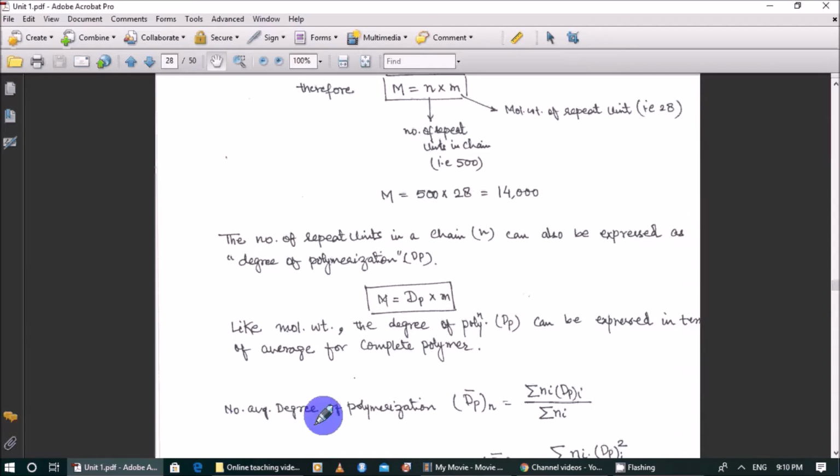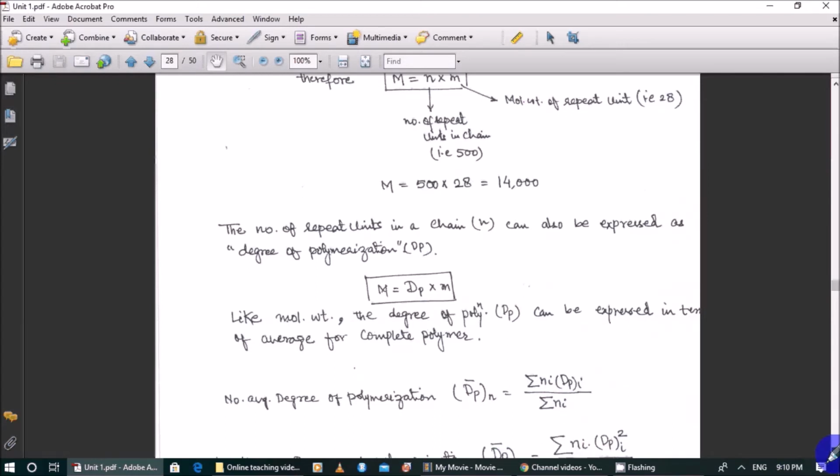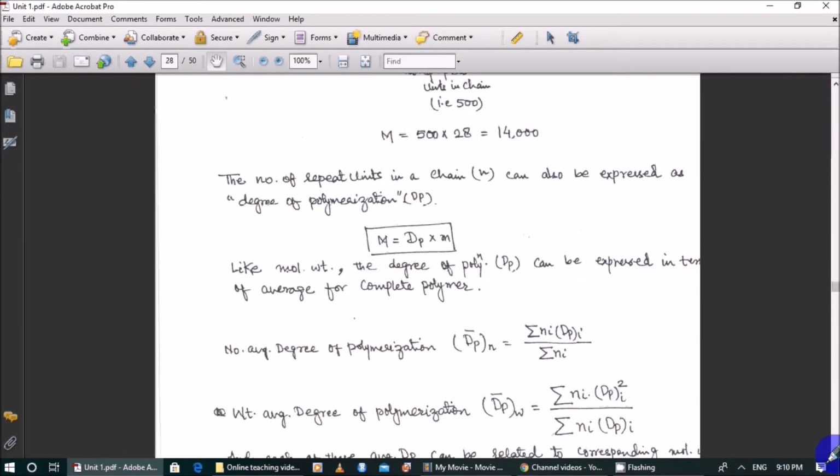It is represented as dP bar subscript n, and this is equal to sigma ni dpi over sigma ni, where sigma ni is the number of all the polymer chains and dpi is the degree of polymerization of the ith chain. Correct?